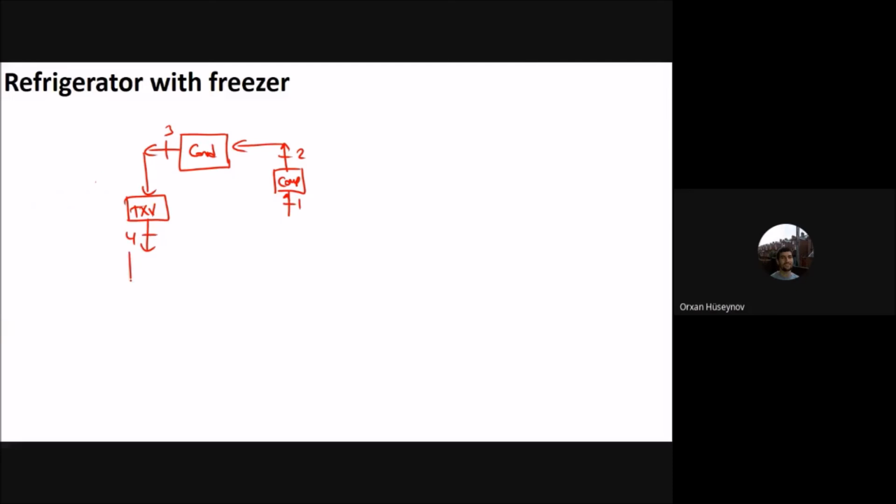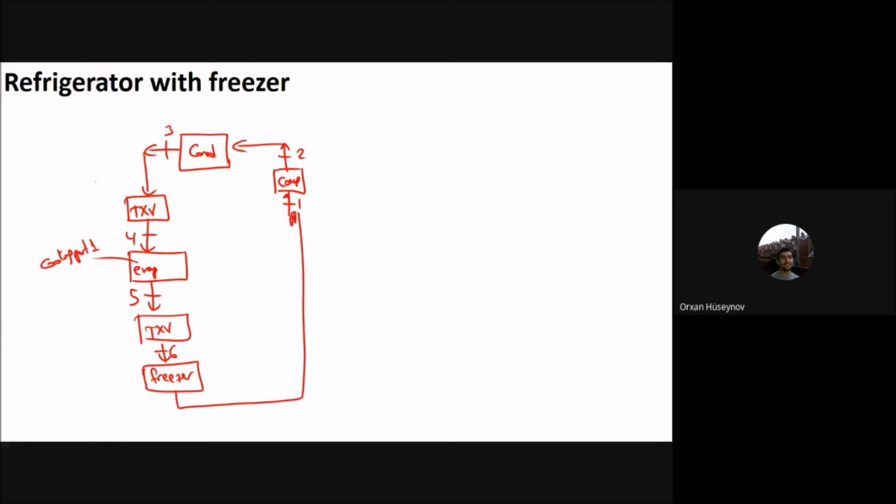Then you will have the evaporator here, and this is 5. This is one cooling part, so this is cooling part 1. Okay. If you want more cooling, you add one more TXV here, and this one is 6, and you will have the freezer here, and it goes back to the compressor. Let me draw it again.